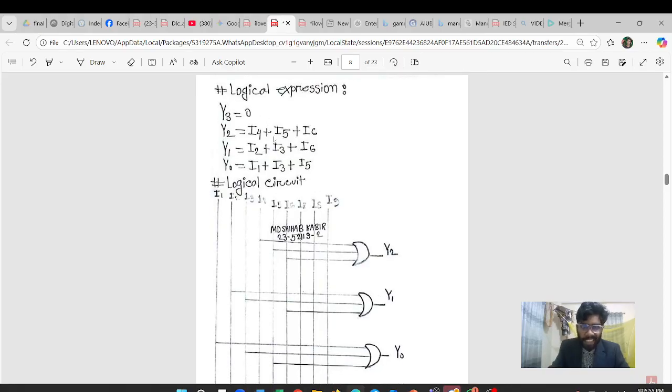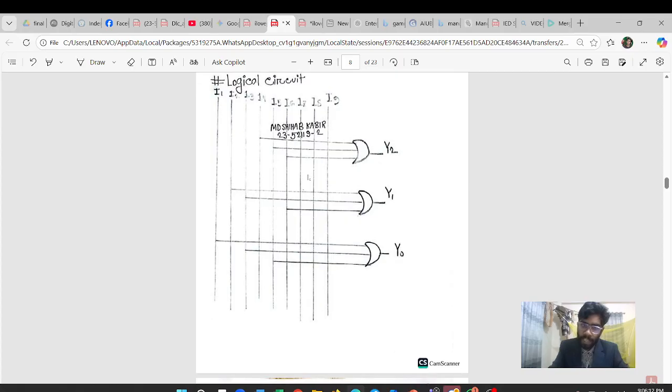Y2 is high when input I4 plus I5 plus I6 is activated. Then Y1 is high when I2 plus I3 plus I6 is activated. Then Y0 is high when I1 plus I3 plus I5 is activated. Now here is my simple logical expression.